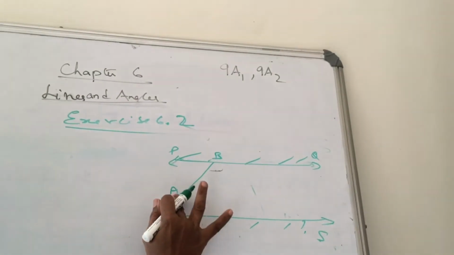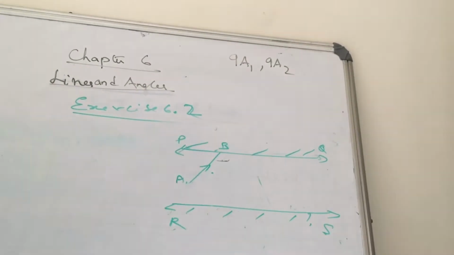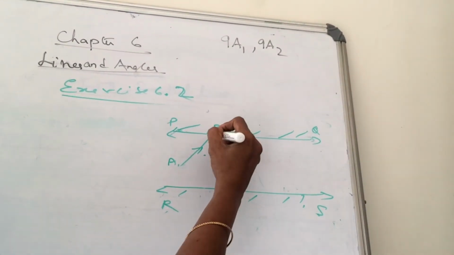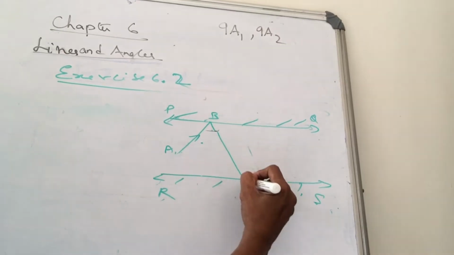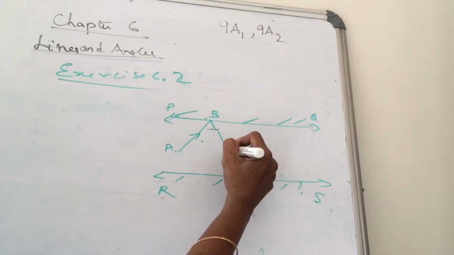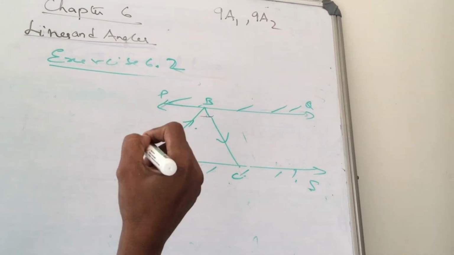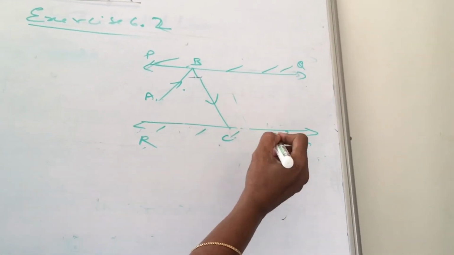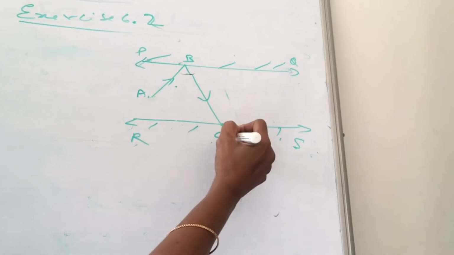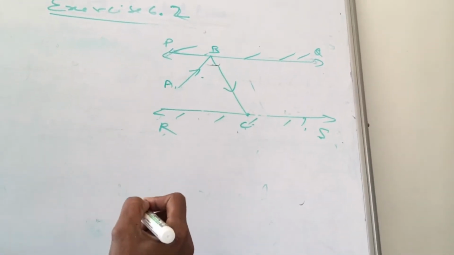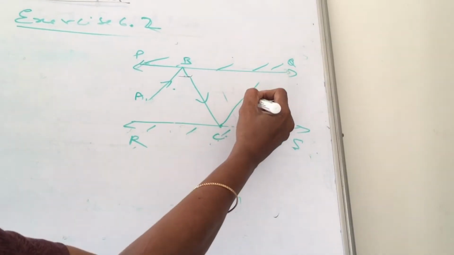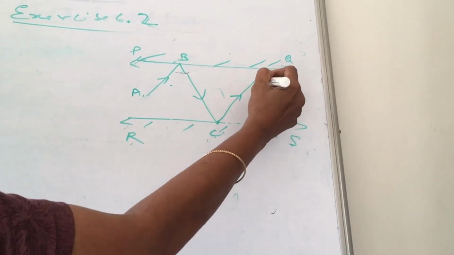The reflected ray BC moves along the path BC and strikes the mirror RS at C and again reflects along CD.